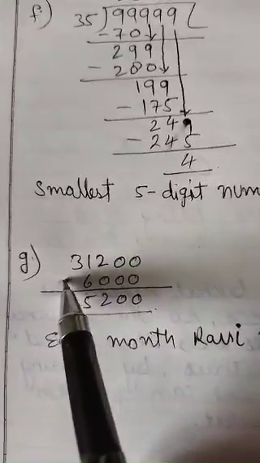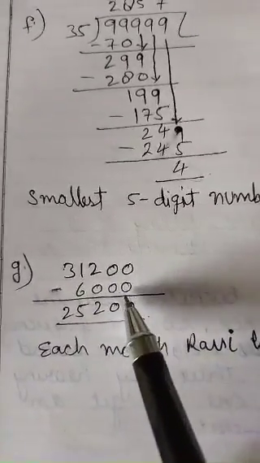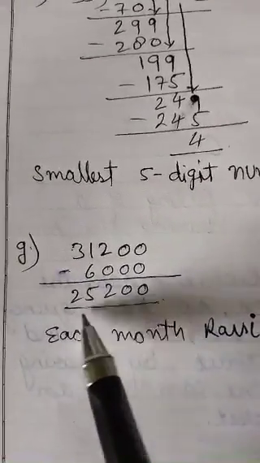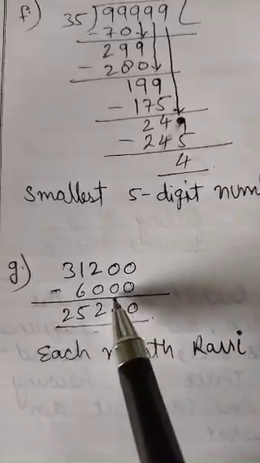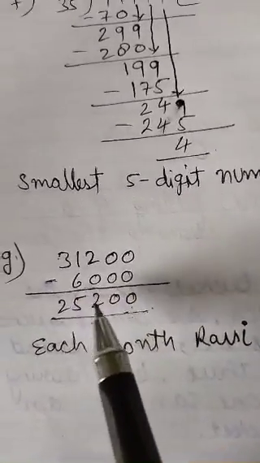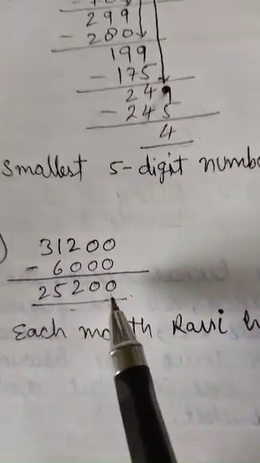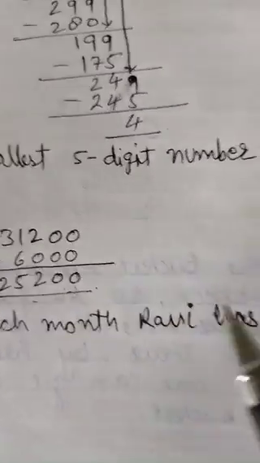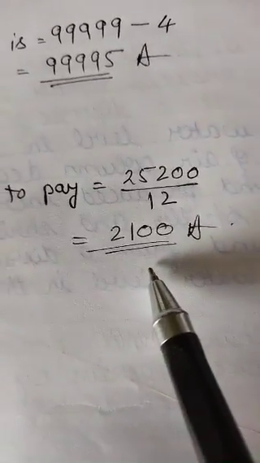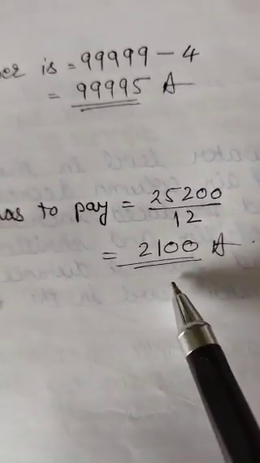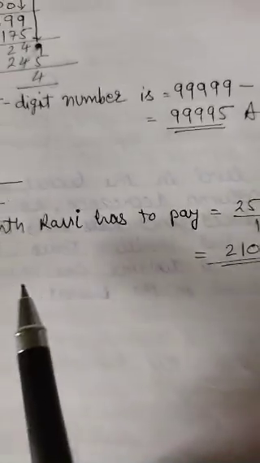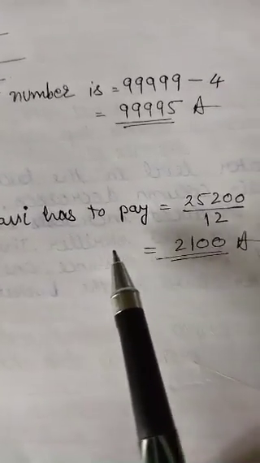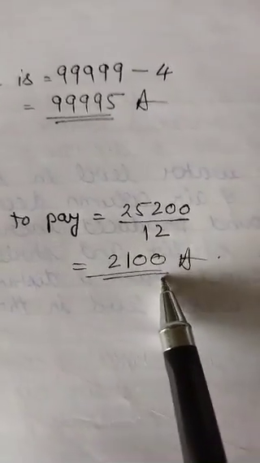So first of all we will subtract 6,000 from 31,200 and we will get the answer. Then he has to pay this in 12 months, equally. So we will divide this number by 12 in this way and then we will get our final answer. So each monthly payment that Ravi has to pay is 2,100.